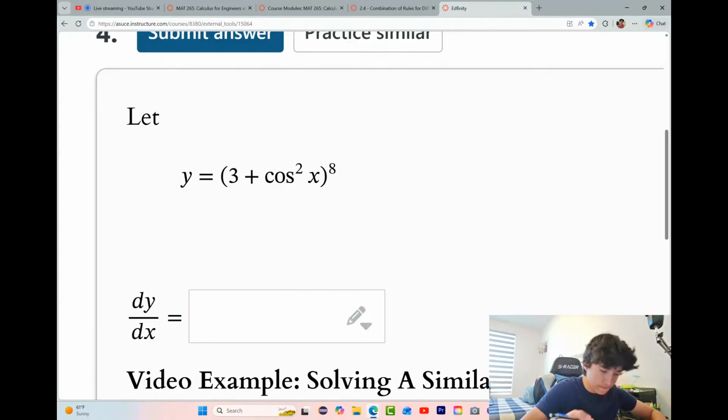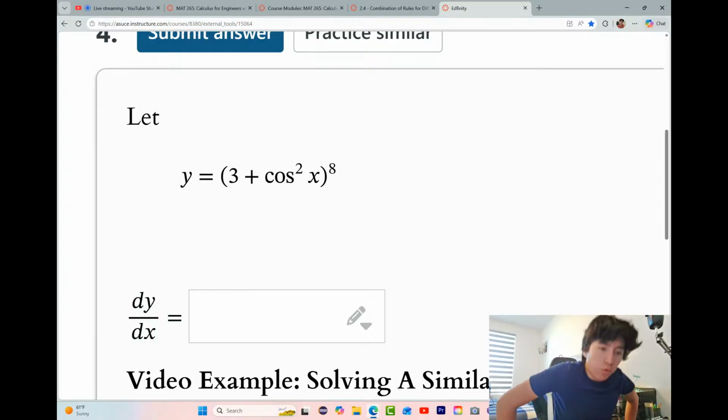Whatever. Let's do this. So we have y equals cosine of. Oh, whoa! I'm sorry. I completely missed that. Y equals 3 plus cosine squared of x, all of this raised to 8. And dy dx.